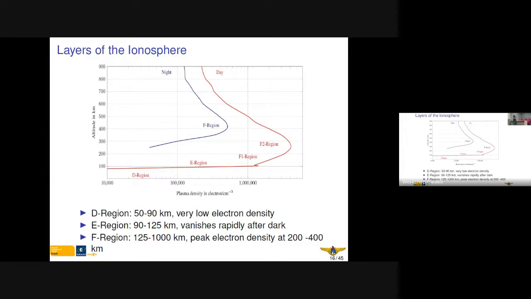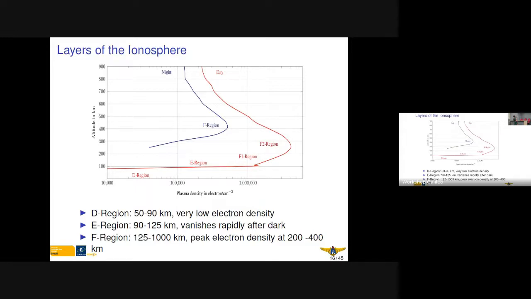So we see there are several layers, the D region, E region, F1, F2. They only exist during the day when we have sunlight, when we have the solar radiation breaking up the molecules into ions and electrons.